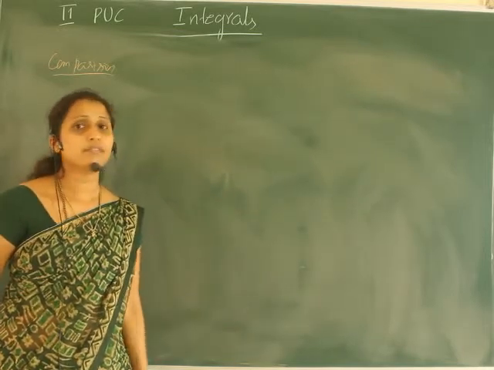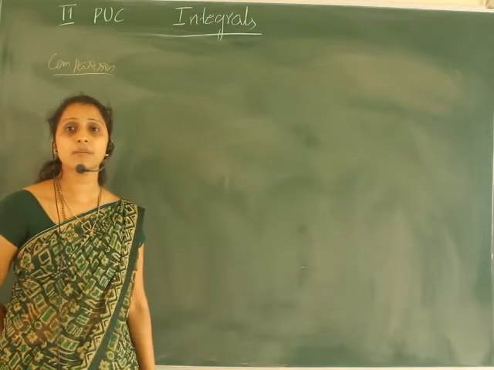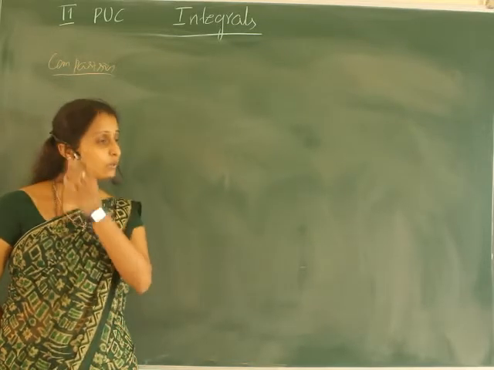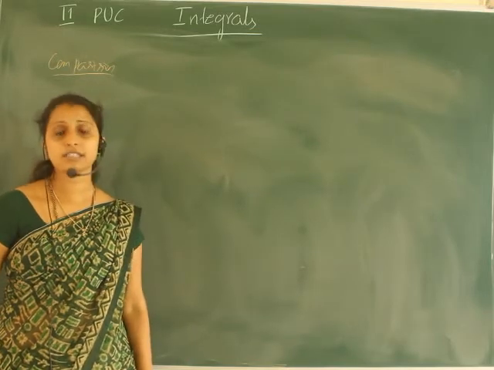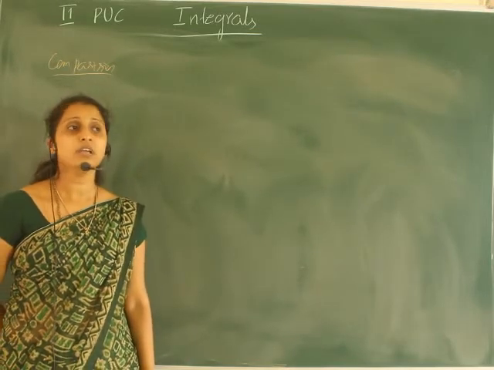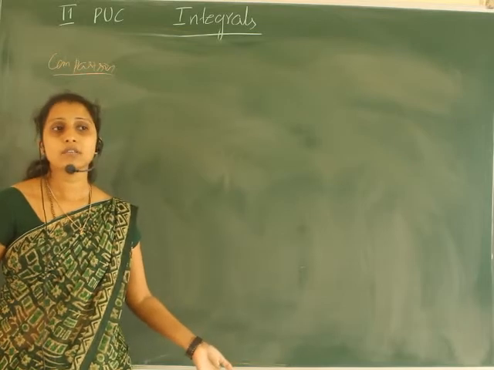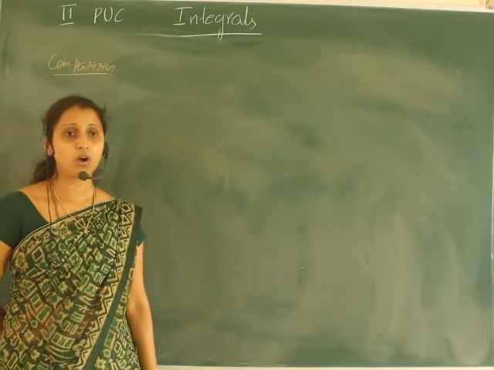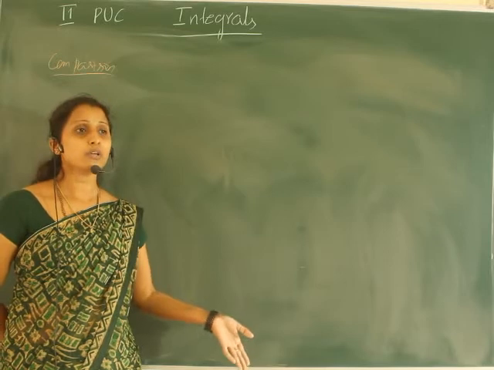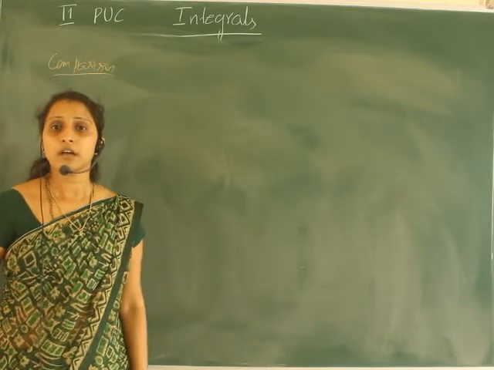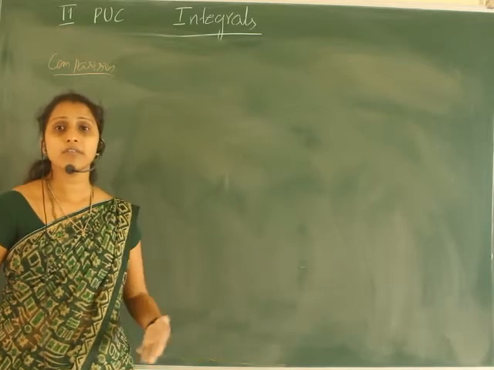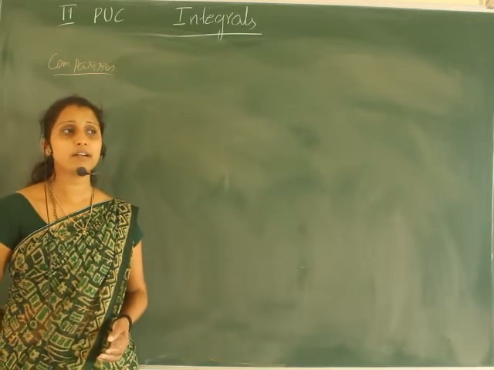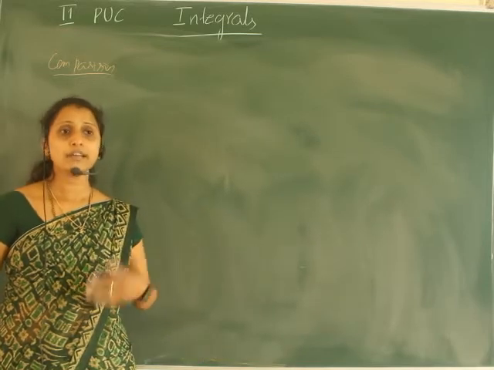And when we use differentiation: suppose displacement or distance traveled is given, to calculate velocity we use differentiation, or when the velocity is given, to calculate acceleration we use differentiation. But when velocity is given and we want the displacement or the distance traveled, then we use integration.